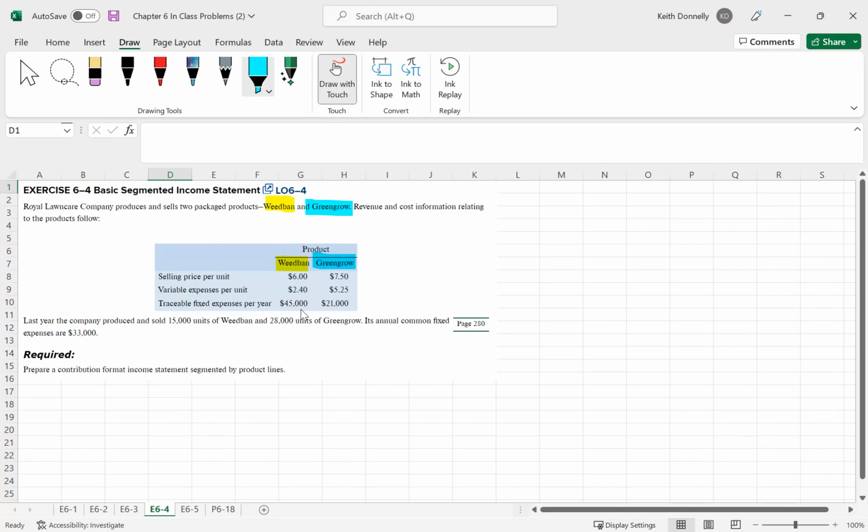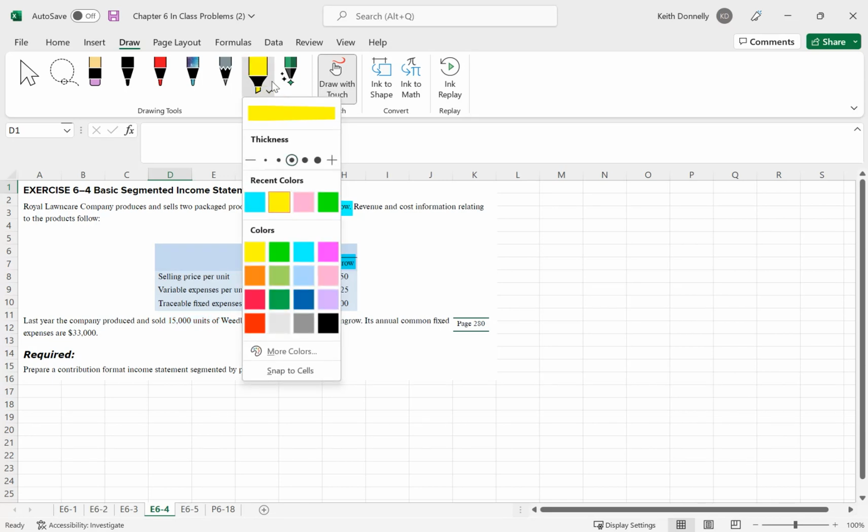Okay, so it looks like they're giving us some segment information. Each of these different lines is going to be a segment of the business, or like an operating line. And it says last year the company produced and sold 15,000 units of the Weed Ban. Oh, sorry, gotta make that yellow.